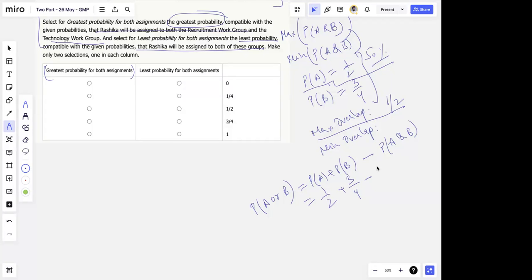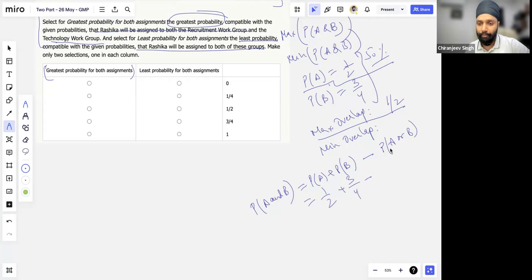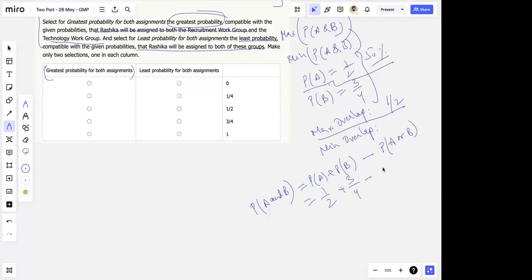Or maybe I have reversed this. P of A and B is equal to P of A plus P of B minus P of A or B, because the probability that any of the events occurs is one, right? So ideally P of A or B should be at this place, on the left side. Okay, then so this is one.